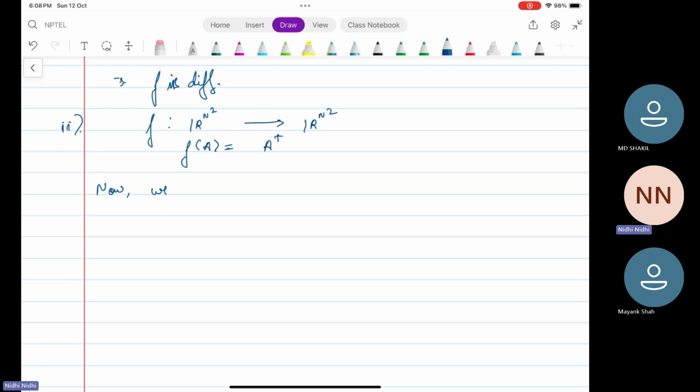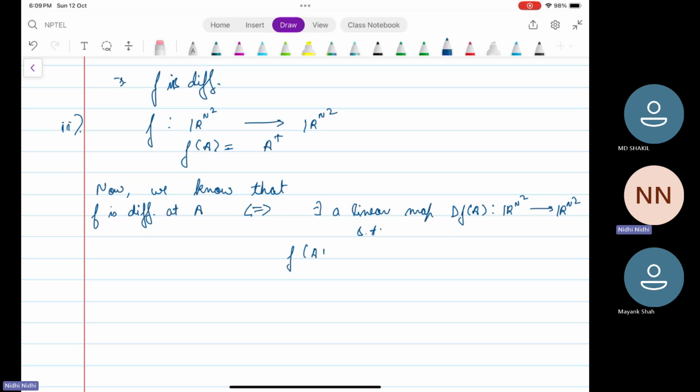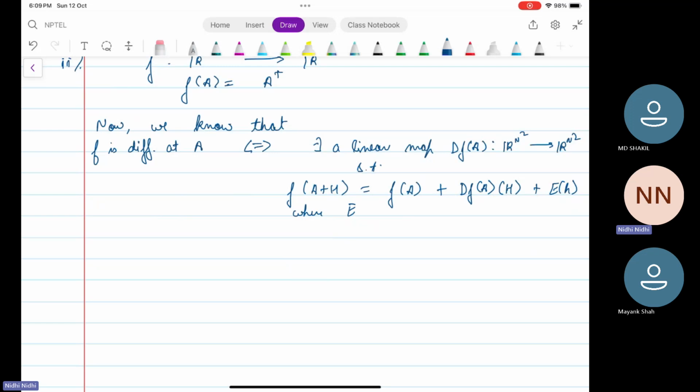Now we know that f is differentiable at A if and only if there exists a linear map dfa from R^(n²) to R^(n²) such that f of a plus h is equal to f of a plus dfa at h plus e of h, where e is such that e of h upon norm h goes to 0 as h goes to 0.